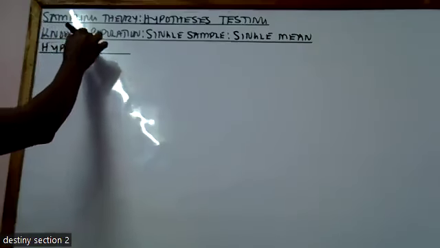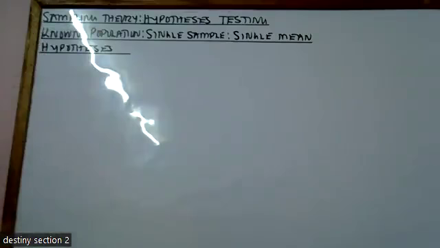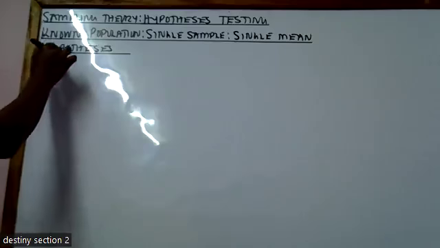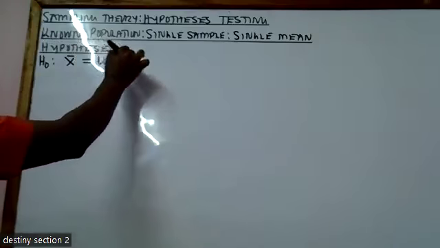The null hypothesis is that X bar is equal to mu.